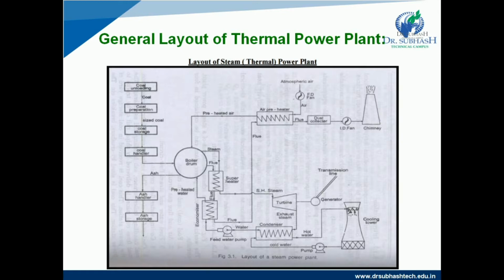And this cycle that we have discussed, in which steam passes through the steam turbine, is condensed in the condenser and fed back into the boiler to become steam, is called the Rankine cycle. So on the basis of that Rankine cycle, the steam power plant works.